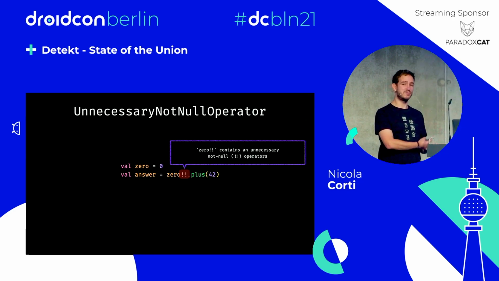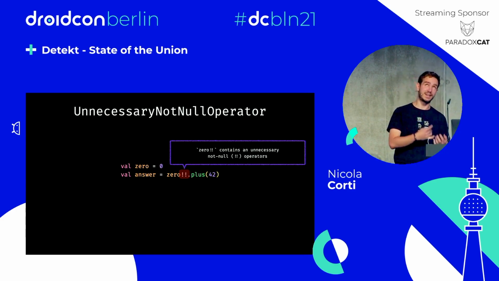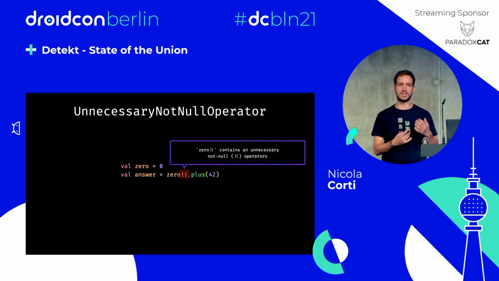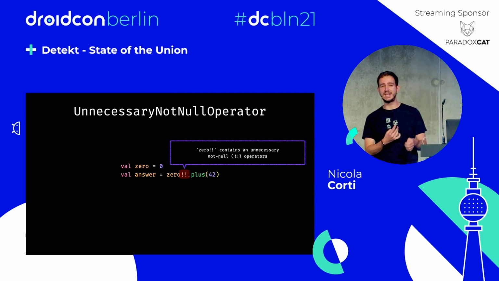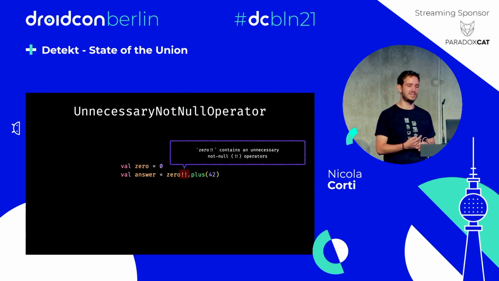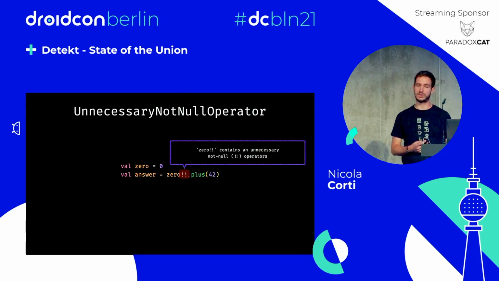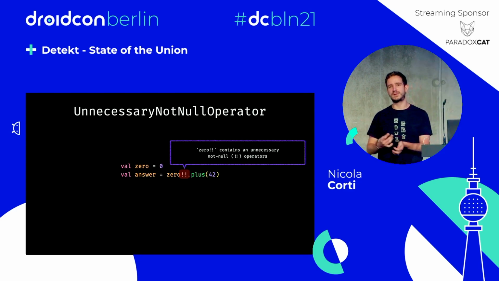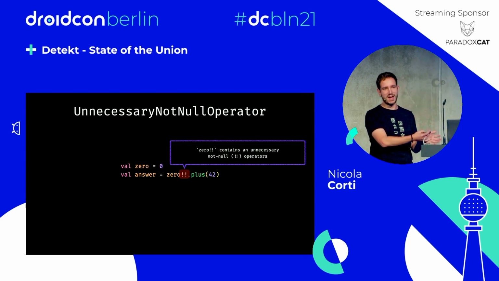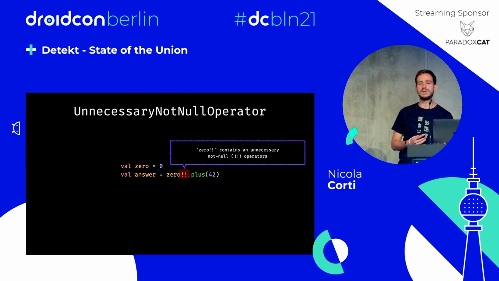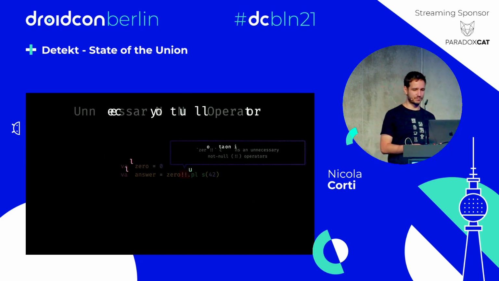All the rules we saw before, like magic number, work only at the syntactic level of the language. It just checks if there are numbers in your code. This rule, instead, is a little bit more advanced type of rule, because it needs to resolve a type. It needs to know what's the type of the variable called zero. In that case, it's easy, because you are declaring the value there equals zero, so we can infer the type directly. But there might be scenarios that are a little bit more complex.